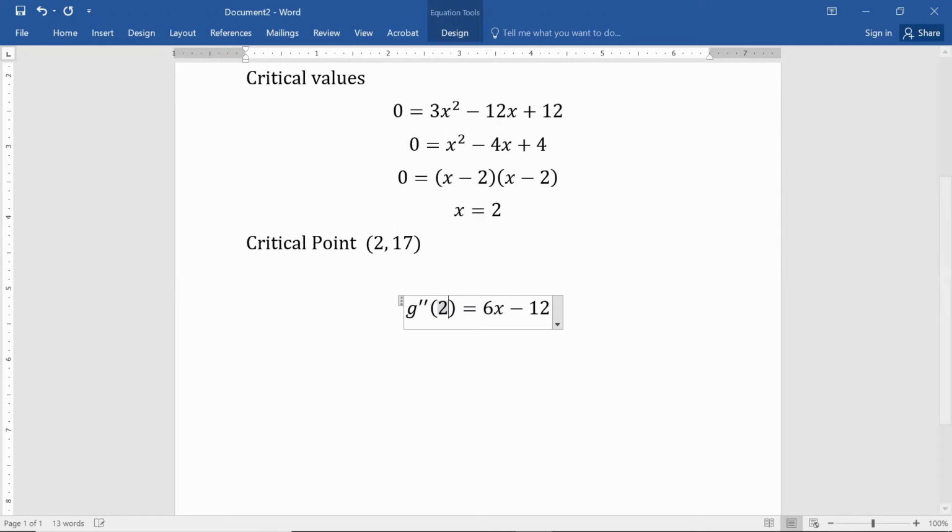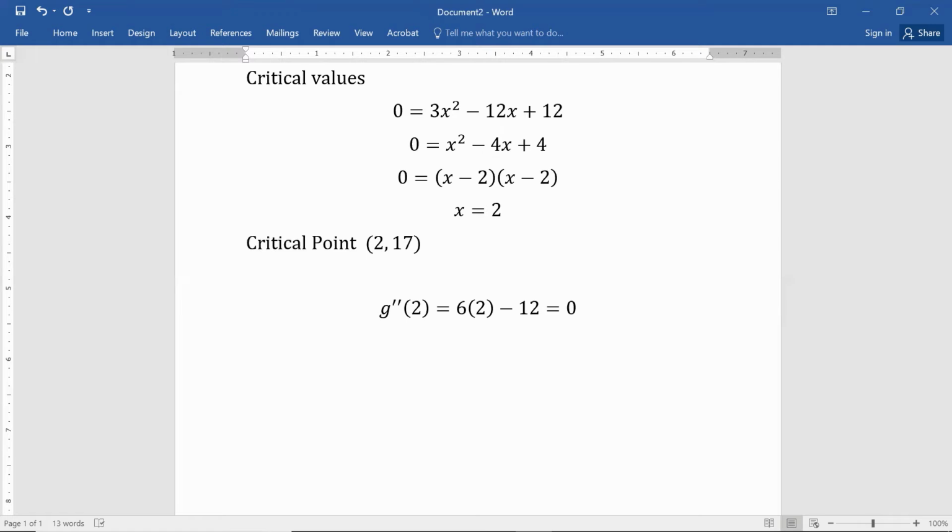Well, in this case, if I plug an x value of 2 into the second derivative, we get a 0. That means this is not going to be something that works on the second derivative test. The second derivative test is not working here.